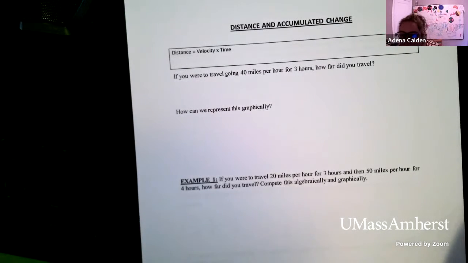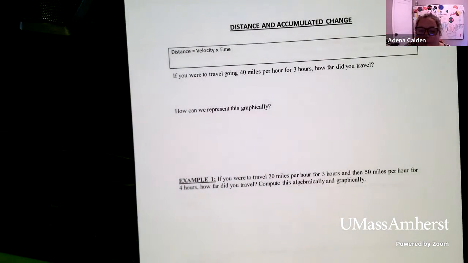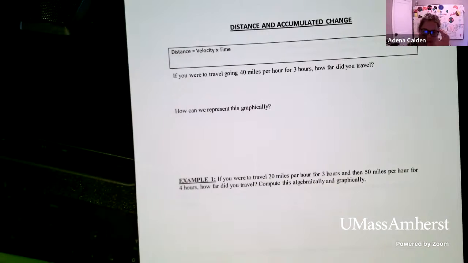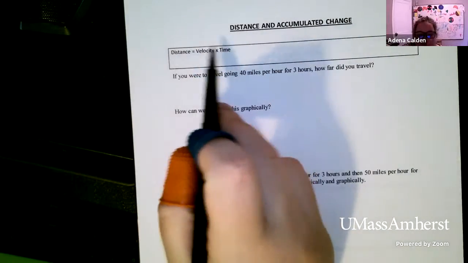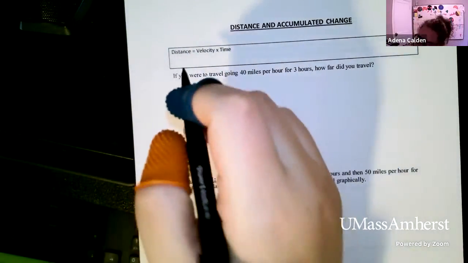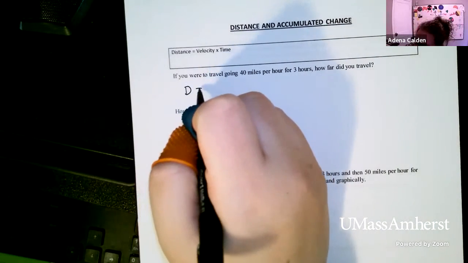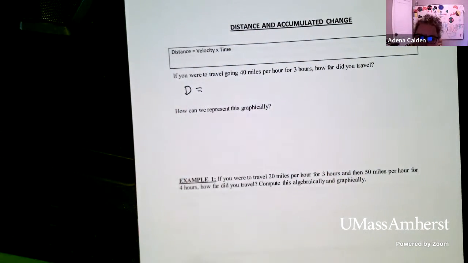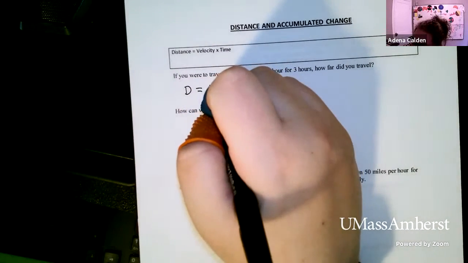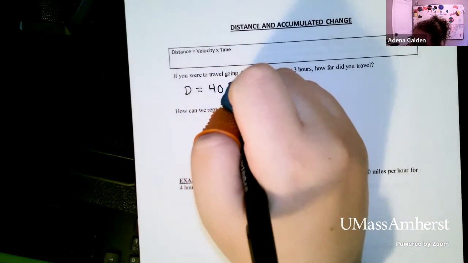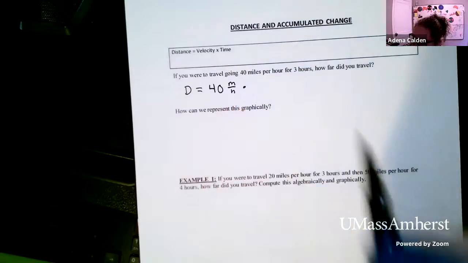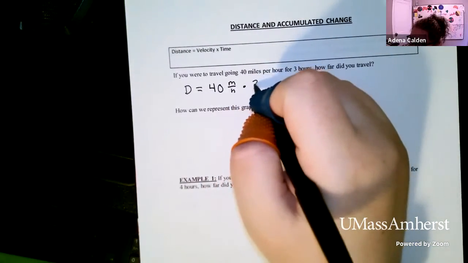So for example, if you're going to travel 40 miles an hour for 3 hours, how far did you travel, right? So this is exactly the type of problem that would come from this distance formula. How far are you going to travel? That's the distance. The distance is the rate times time. The rate is 40 miles per hour times the time is 3 hours.